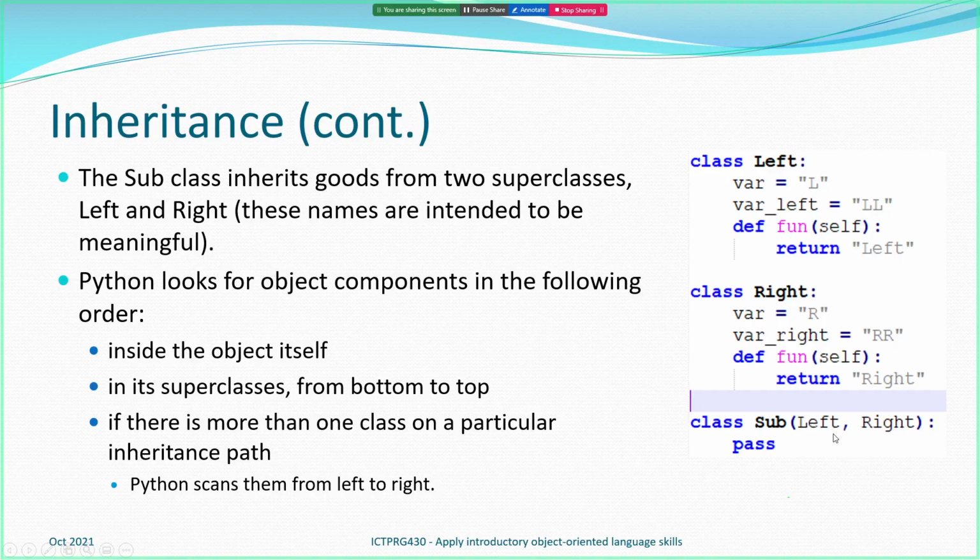So when we have a look at fun, it is in both of them. But because we're inheriting both left and right at the same time, it's going to read left first, but right is not going to overwrite any values that are duplicated. Now, it's a little strange and takes a bit of getting used to.